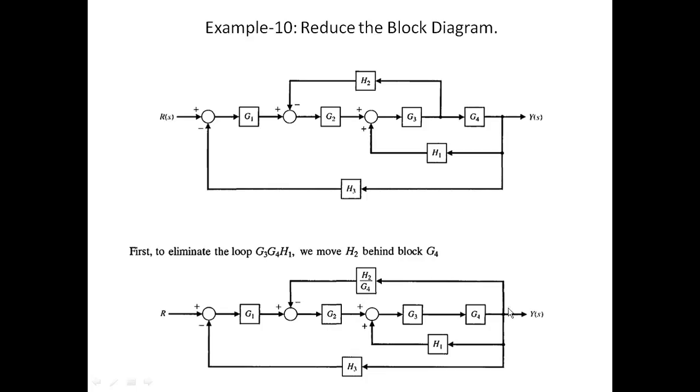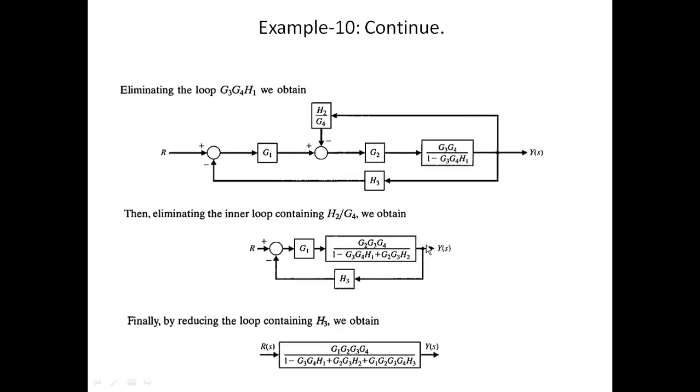G3 G4 with feedback H1 is a positive feedback. Then G2 and the simplified block are cascaded and in feedback with H2 by G4, which is negative feedback, and the whole reduction is in negative feedback with H3. So three feedback loops we need to solve, then we get the answer Y(s) upon R(s).